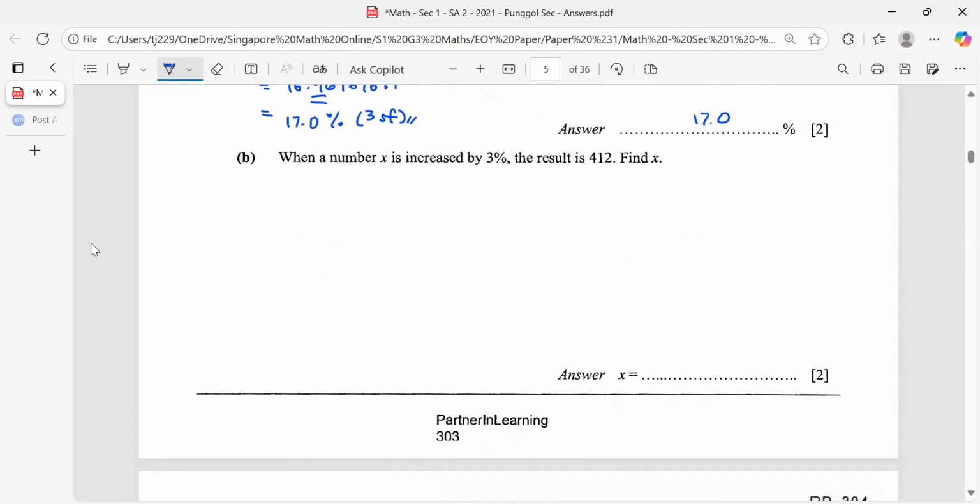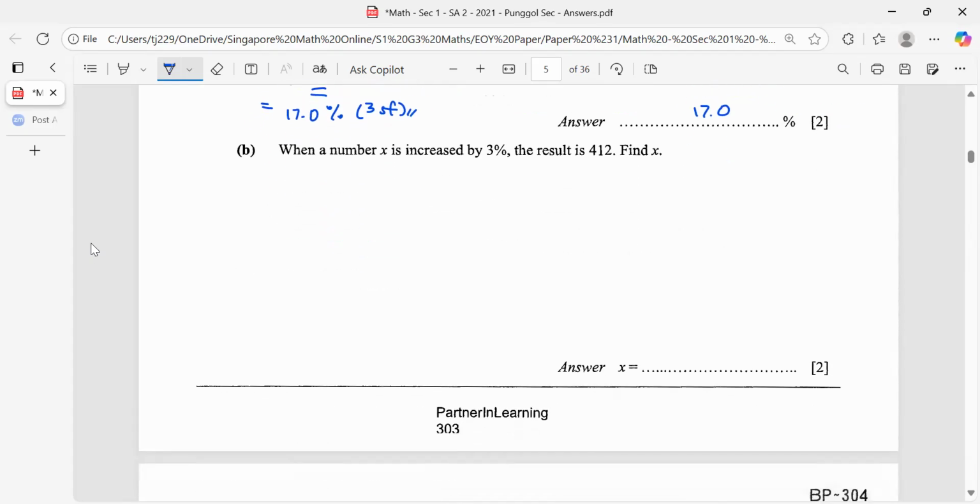Now the next one, when a number, we don't know which number, x is increased by 3%, the result is 412. Find x. Now any original number that is given is always 100%. So when it's increased by 3%, that means it's 103%, being 412.